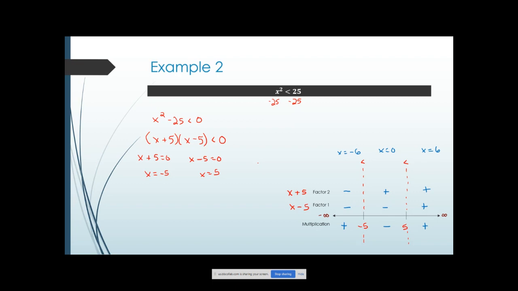So now we're looking for where we are less than 0. So less than 0 means negative. So we're looking for where our multiplication is negative. And that is the middle part here between negative 5 and 5. So that's this section here. And because of the dashed lines, I'm not including my endpoints. I can draw these with parentheses.